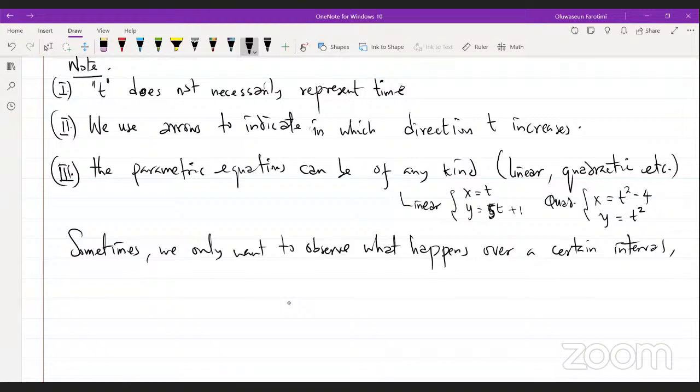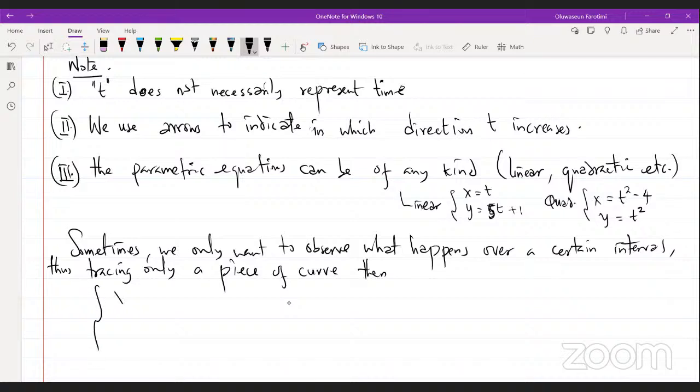That means we're only going to trace a piece of the curve. In that case, what are we going to say? This parametric equation, x equals f of t, y equals g of t, but now we said it's just in an interval. So we're going to assume t is between a and b.